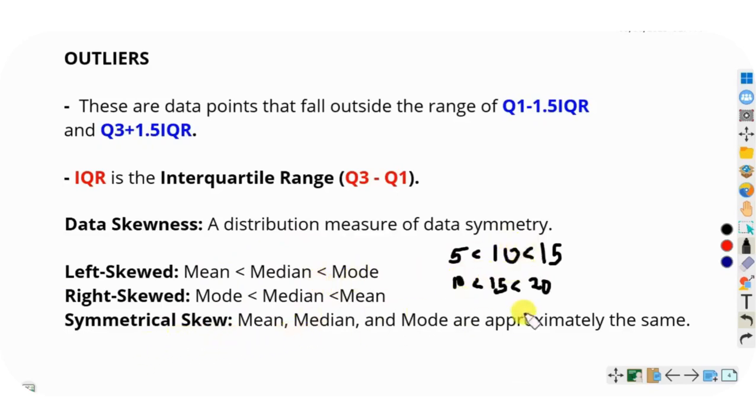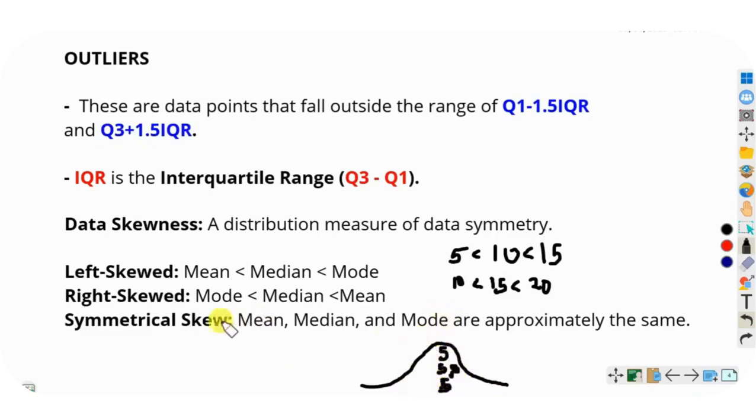And if it is symmetrical, it means the values are approximately around the same point. Maybe the mean is 5, the median is 5.5, and the mode maybe also 5, and then you can see that the data is more or less centered at the same point, all aligns there.